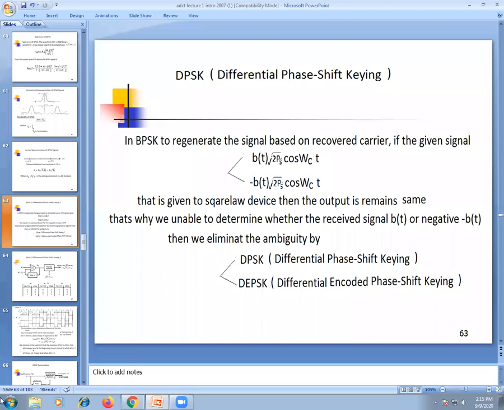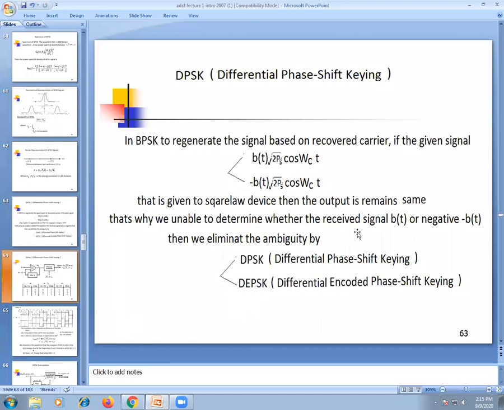Differential phase shift keying is one of the techniques to avoid the ambiguity in BPSK. There is also DEPSK, differential encoded phase shift keying. So now let us see the DPSK.